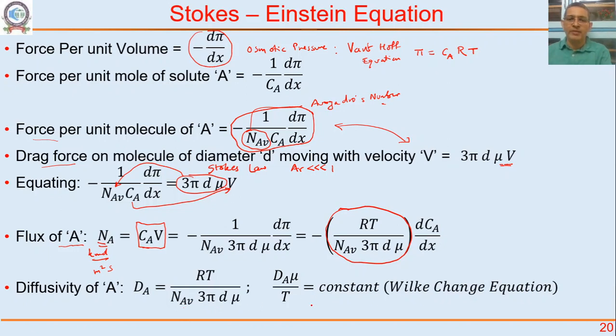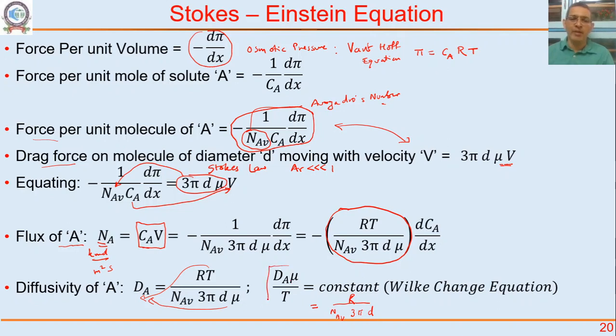Right? So D_A mu by T, I bring the mu here, bring the T here. D_A mu by T is constant and that constant is R divided by Avogadro number 3 pi d. So if d is larger, molecules are of a larger size in the same medium, diffusivity will be lower.